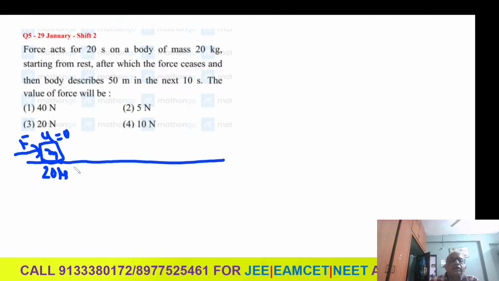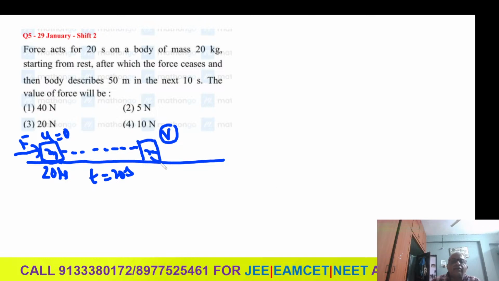Afterwards, the force ceases and the body describes 50 meters in the next some time. How much time? We don't know. Sorry, he has given 10 seconds. The 20 seconds is the travel while that force is there. That means the force is there till 20 seconds. Time is equal to 20 seconds. So starting from rest, here it acquires some velocity.